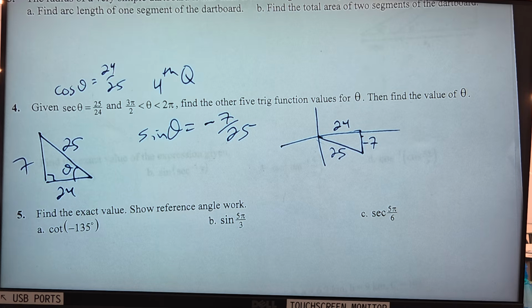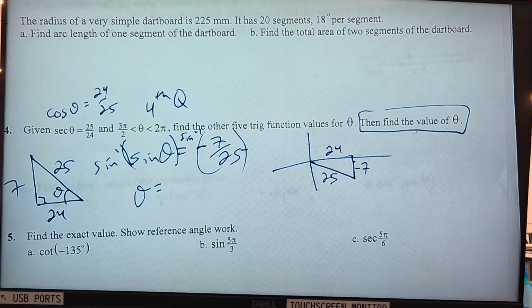Inverse sine. Yes. Now, what's interesting is, this will work out. You'll get a negative answer, and it's still in the fourth quadrant, but I did say that theta is supposed to be between those two, yes? So that'll be your reference angle, then you can get your actual angle.